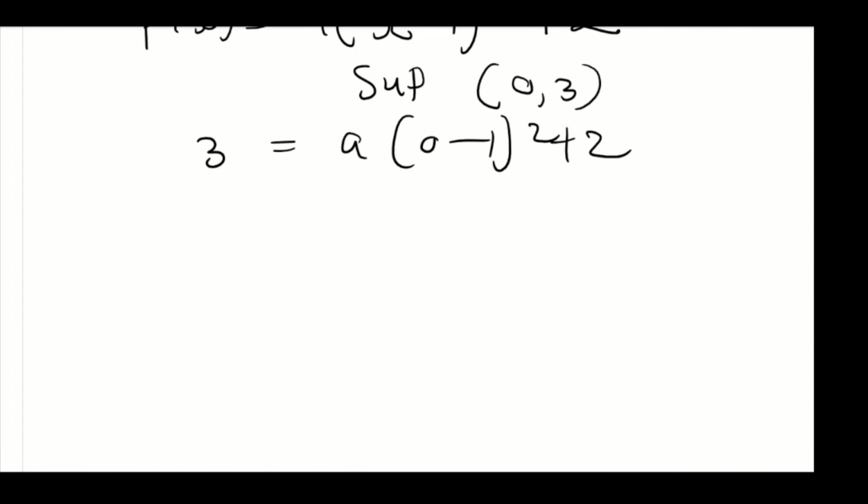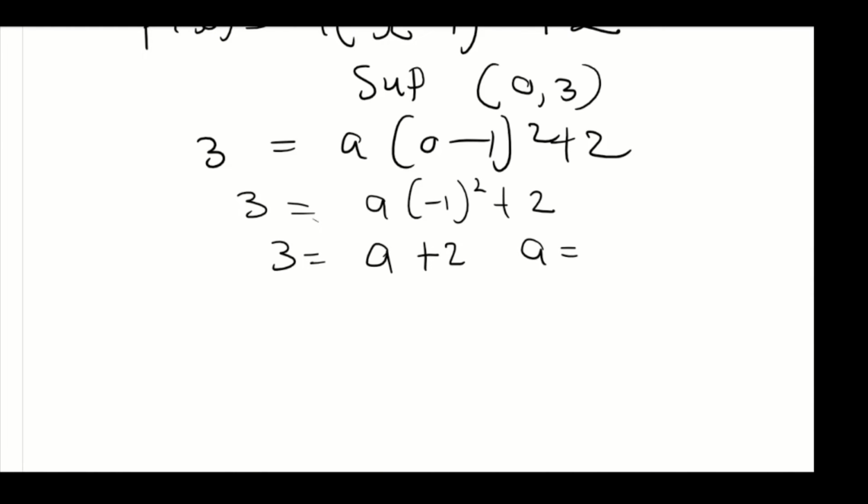Then we find the value of a so that we can identify the equation of the parabola and find the gradient of the tangent. 3 equals a times (minus 1) squared plus 2, which is 3 equals a plus 2. Transposing the 2, a equals 3 minus 2, which equals 1.